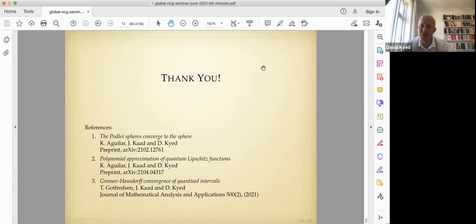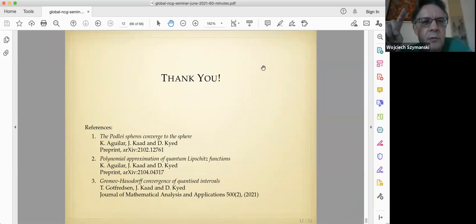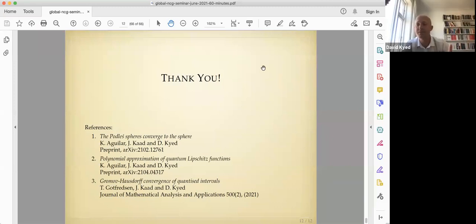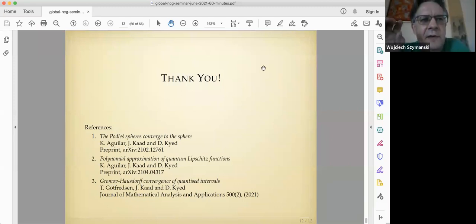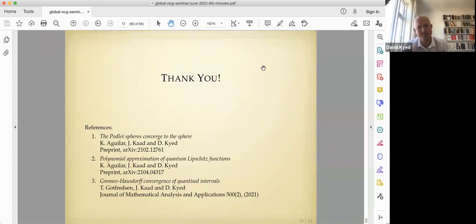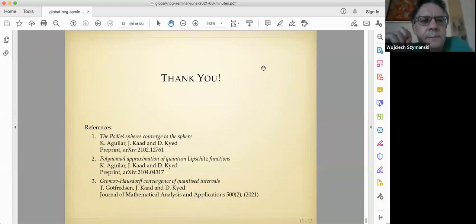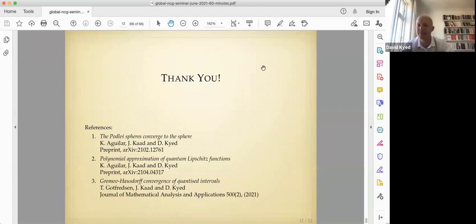They do actually converge to a 2-point space. The 2-point space, you mean the Podleś spheres S to Q converges? No. I meant the intervals. Yeah, the interval. I sort of can see that. But I was actually asking about the Podleś sphere. I don't know. I haven't figured it out.